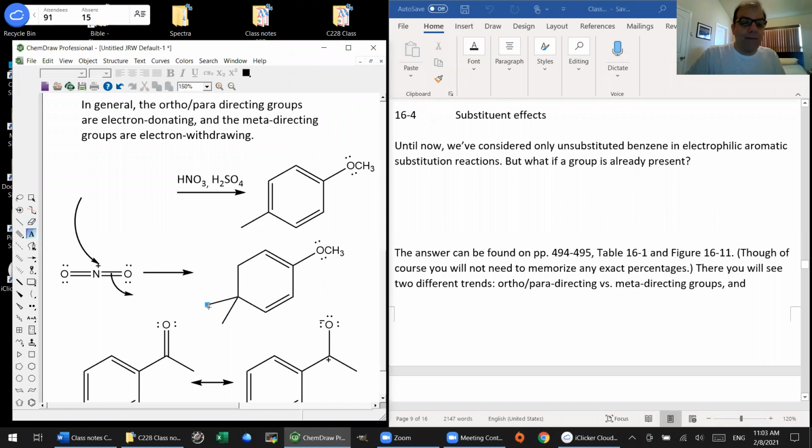We'll have our hydrogen, we'll have our nitro group, and we'll of course have a plus charge now on the aromatic ring. And that's not the only way to draw the mechanism. Oh crap, what have I done? Hold on. First of all, I forgot to put the nitro group over here.